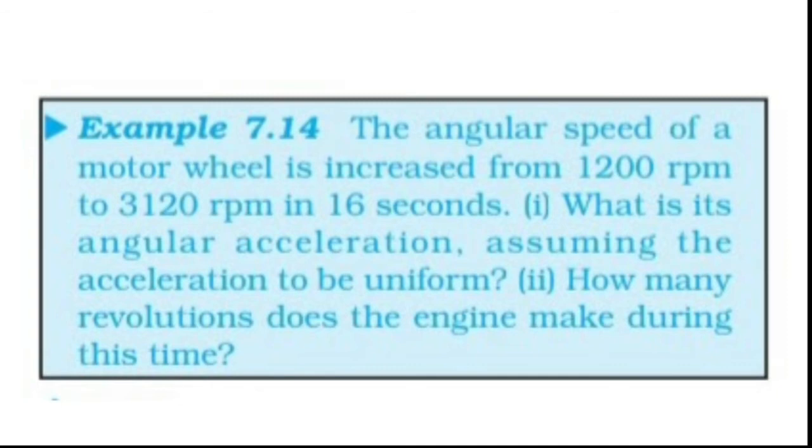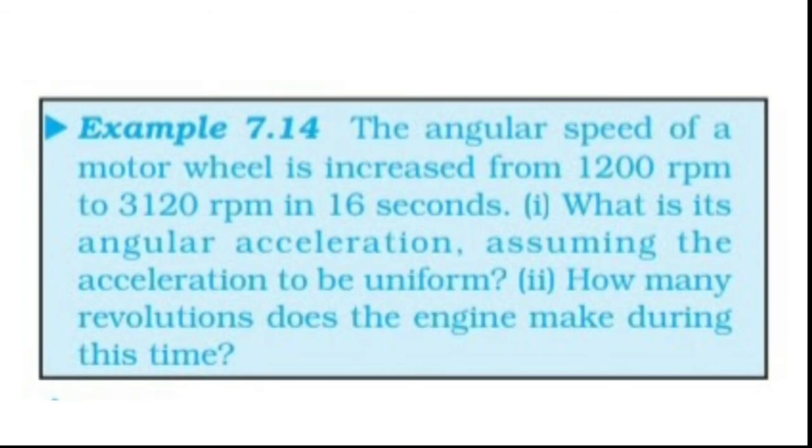First we need to write this omega and omega 0. So omega 0 is 1200 rpm and omega is 3120 rpm, and the time is 16 seconds. We are asked to find the angular acceleration and also how many revolutions the engine makes.